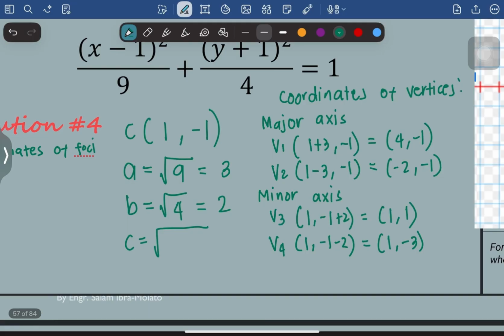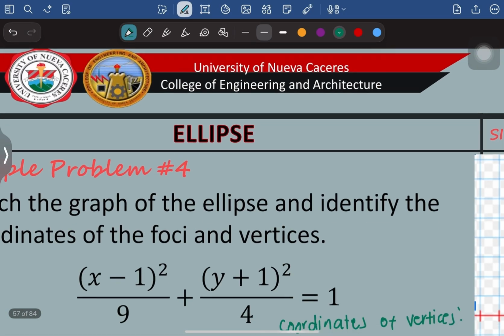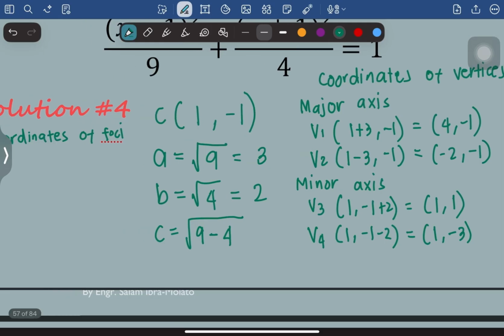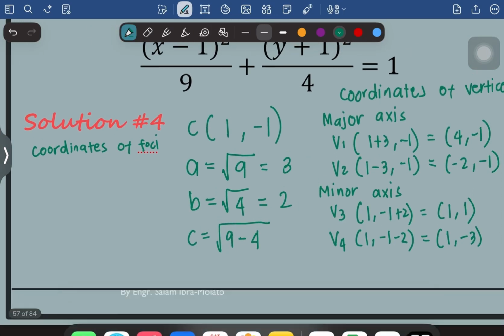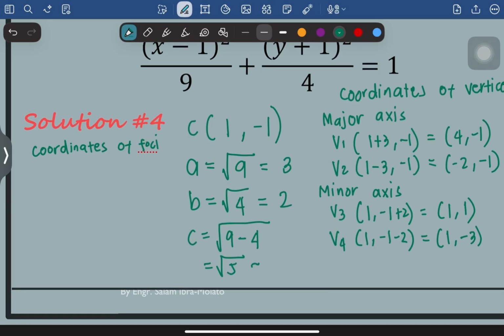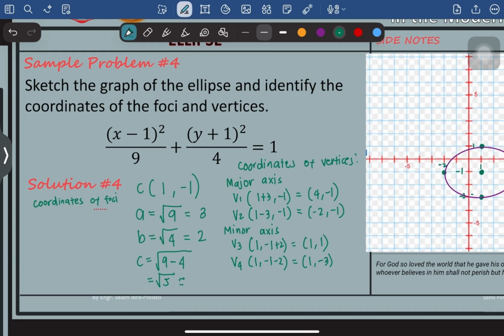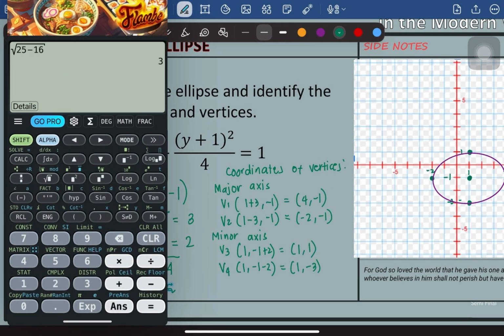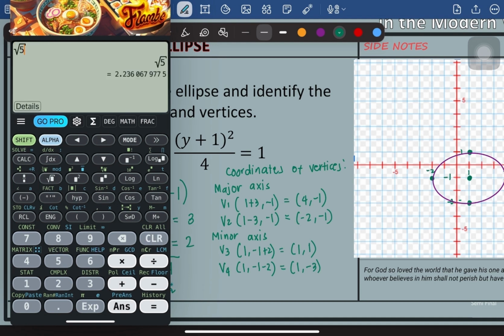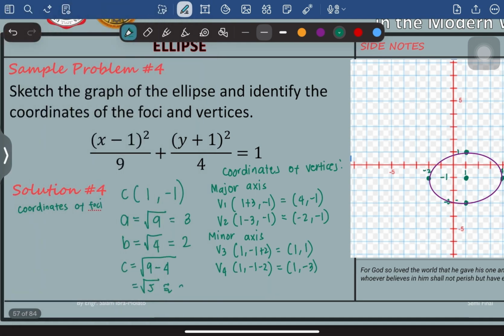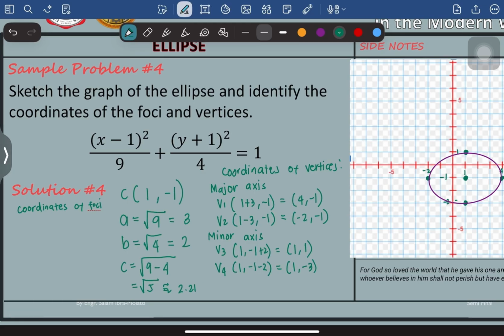So the larger denominator is 9 minus 4. So it will equate to square root of 5, or approximately 2.236 units.